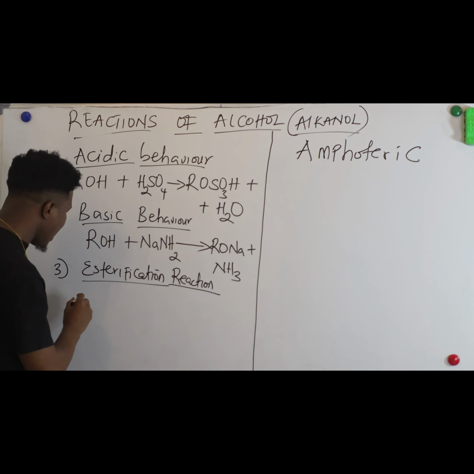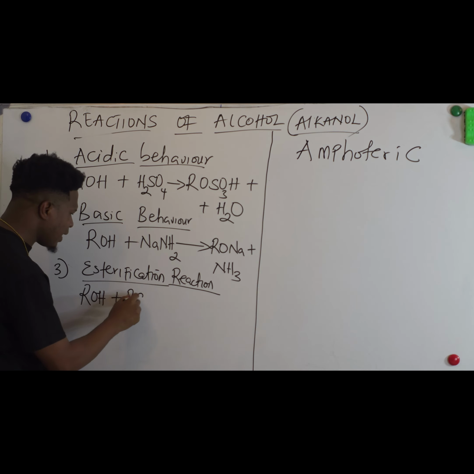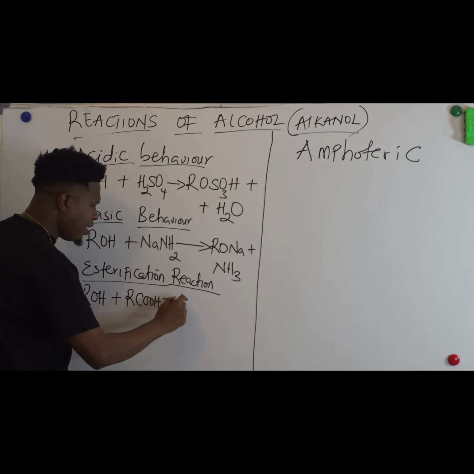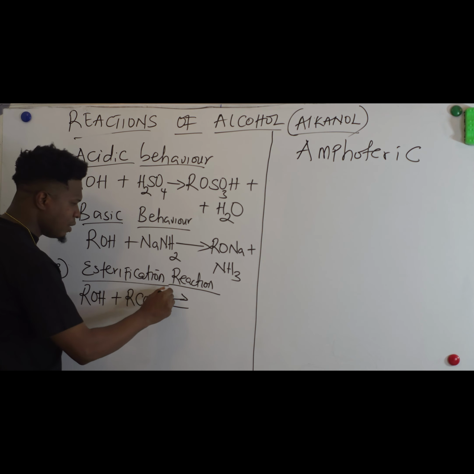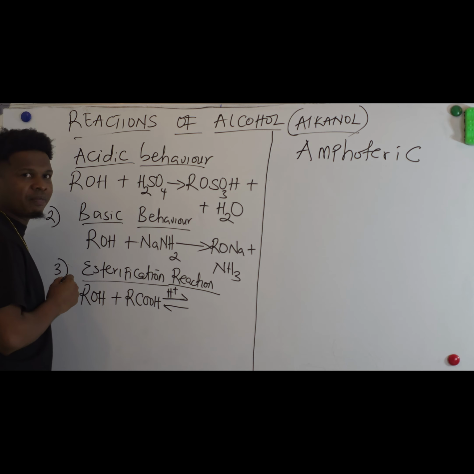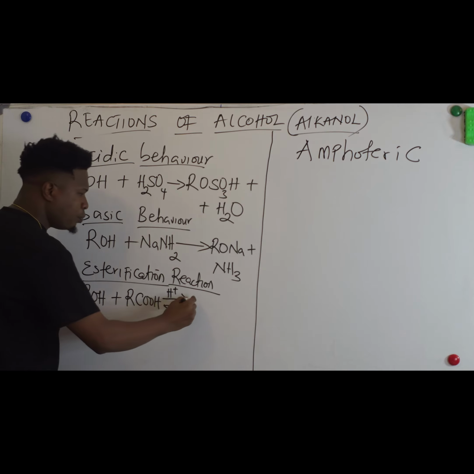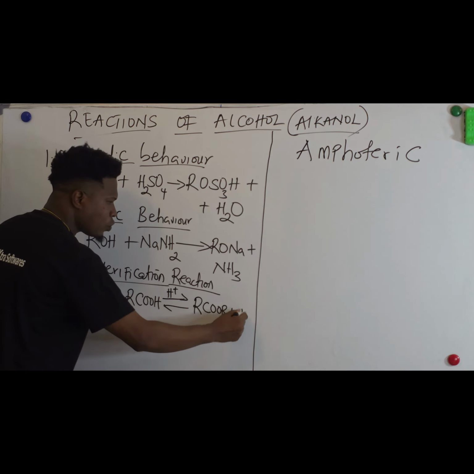So when you have an alcohol, ROH, and you react it with an alkanoic acid, RCOOH, in a reversible reaction where the forward reaction is catalyzed by an acid such as H2SO4 or HCl, this will produce an ester, RCOOR plus water.